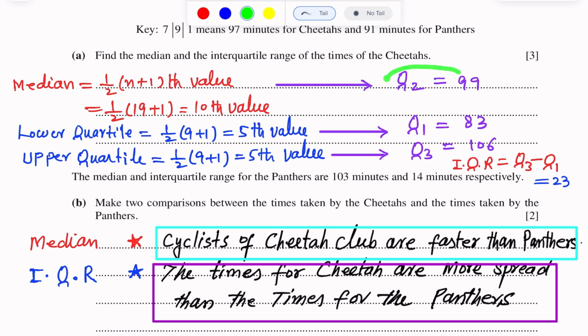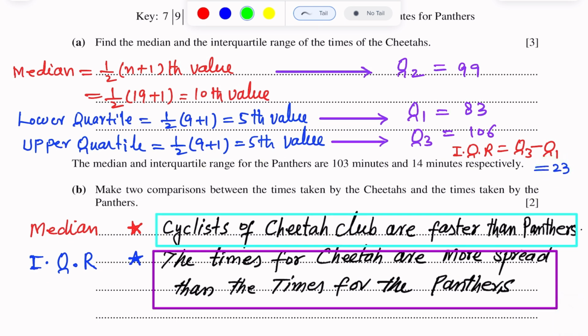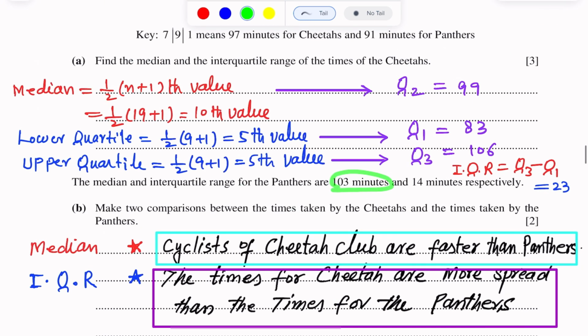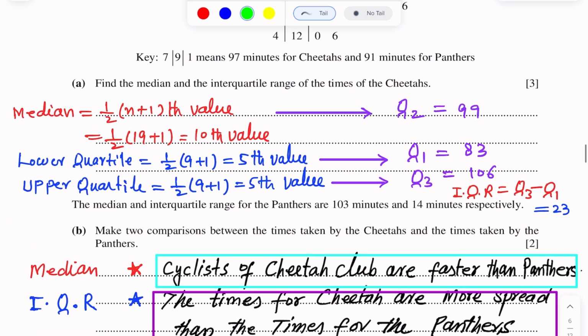The median and interquartile range for cheetahs we have found, but the median and interquartile range for panthers are given. That is, 103 minutes is the median, and the interquartile range for panthers is 14 minutes.